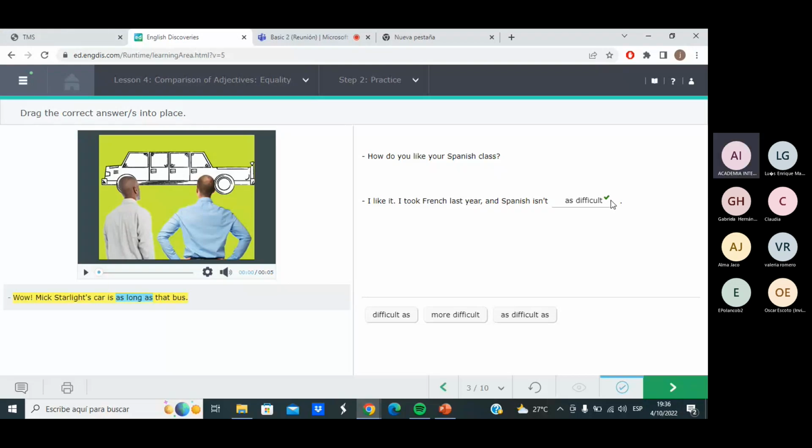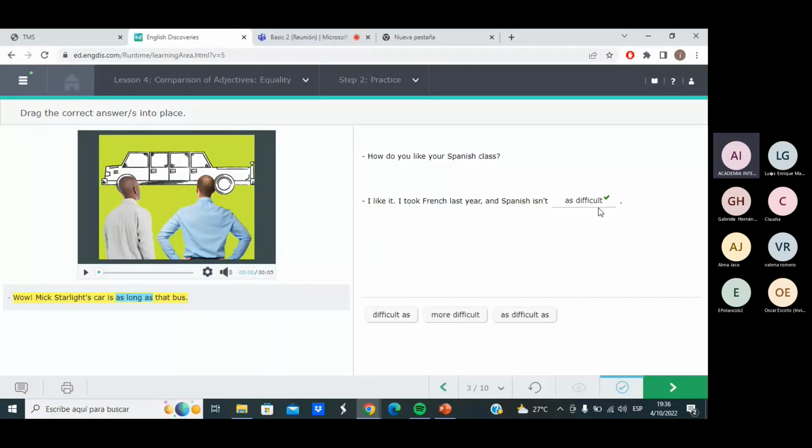Bien, aquí no tiene el otro, ¿verdad? Lo que les había dicho. Como aquí, as long as, porque ya no tiene un complemento al final, así que solo se queda hasta ahí. I took French last year, and Spanish isn't as difficult.